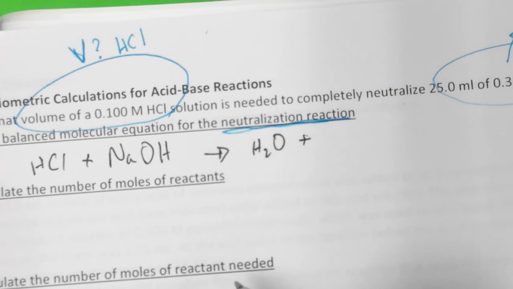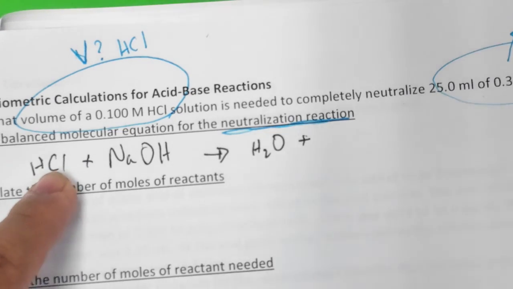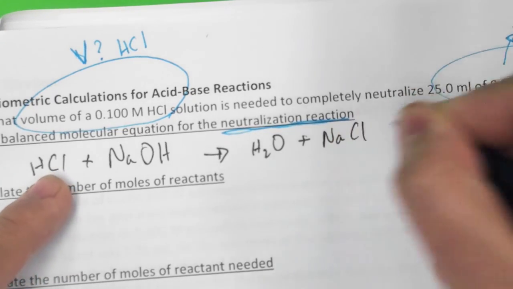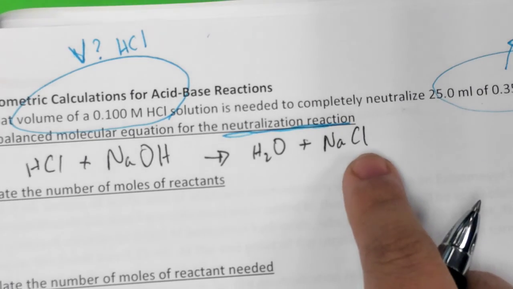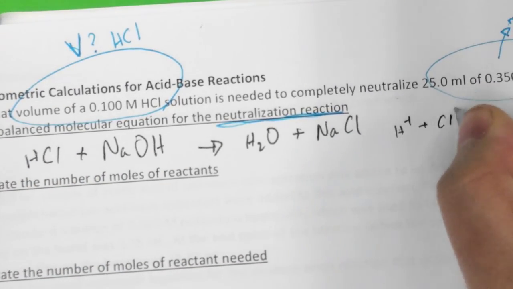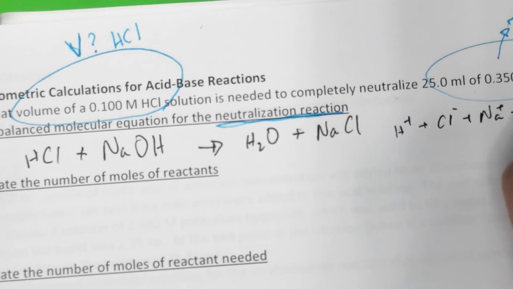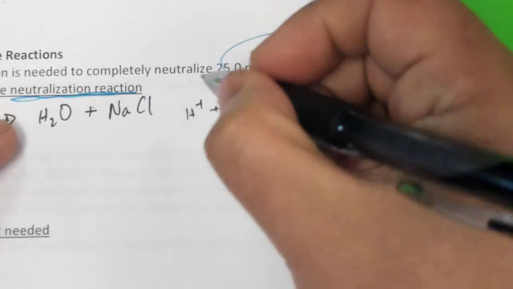Okay, now let's talk about the leftover. Who is our leftover? Cl minus and Na plus. So if you want, you can write them together like that. Or if they're asking for the net ionic equation or complete ionic equation, you can break them up into ions. So I have H plus plus Cl minus plus Na plus plus OH minus go to H2O plus Na plus plus Cl minus, meaning this will be the complete ionic equation, right?